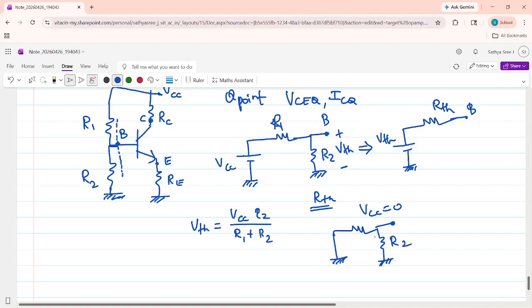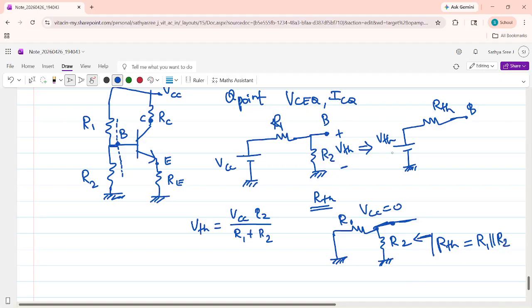This is R2 and this is R1. What is RTH seen from this point? The equivalent resistance will give RTH. If you see from here, R1 and R2 are in parallel. So RTH equals R1 parallel R2.